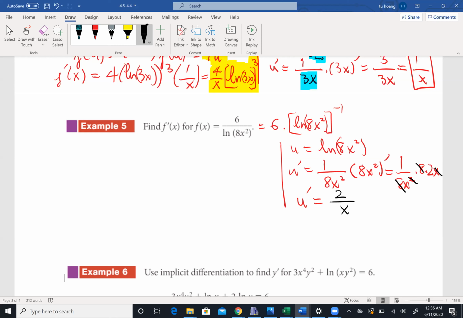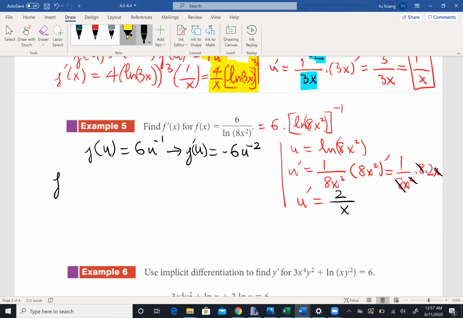Now I have to change f of x to become f of u, and it looks like 6 times u to the power -1. So the outside derivative is going to be f prime of u equal to 6 times -1, that is -6 u to the power -1 minus 1, equal to -2. Okay, so then that is the outside derivative.